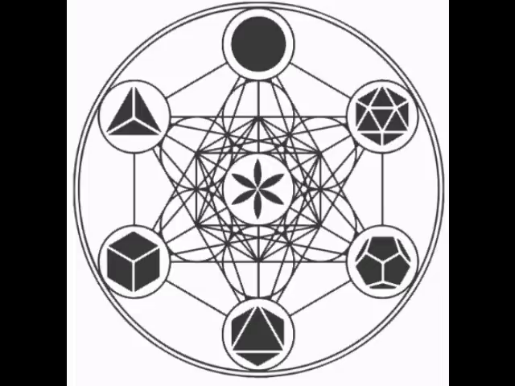But the point is this, no matter where you are in this universe, what planet you're on, and let's face it, it's pretty ignorant for us to think that we're the only ones in this world.